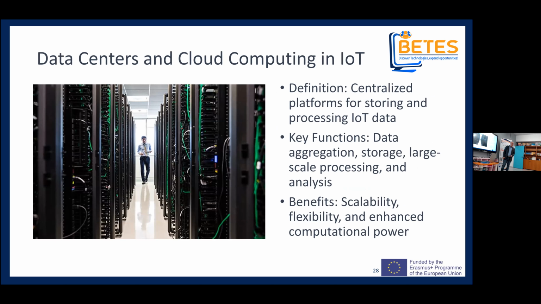One very important part of the Internet of Things is the data center. The data center is a place where data are stored, data are processed, and through which we can access them using our devices, our apps, etc. So why the cloud? Because the cloud is a centralized platform. We can use it for data aggregation, storage, large-scale processing, and analysis.